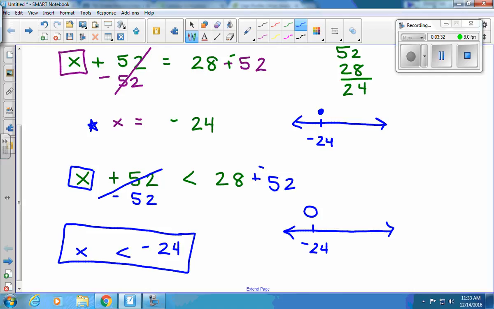Doesn't include that number, right? So it can't be negative 24, but it could be anything less than. So which way does my arrow go, Mario? Right, to the left, because if I put the number out here, like negative 100, is negative 100 less than negative 24? Yes, so I know that my arrow's right because it covers all those solutions.